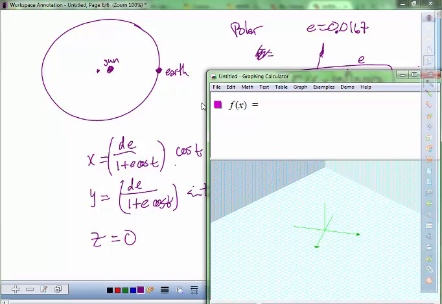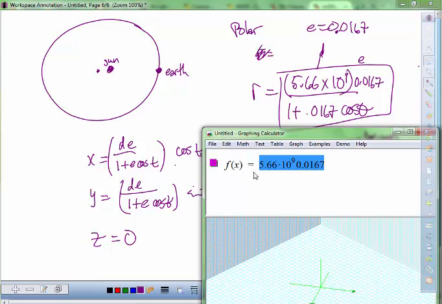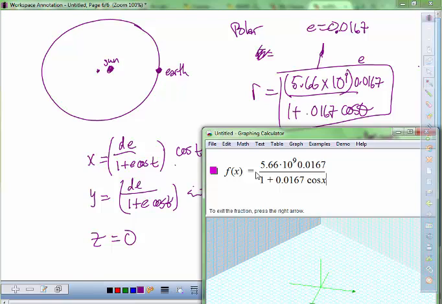F of x is equal to 5.66 times 10 to the 9th power, and then multiply that by the eccentricity, .0167, divided by 1 plus the eccentricity times cosine of x.